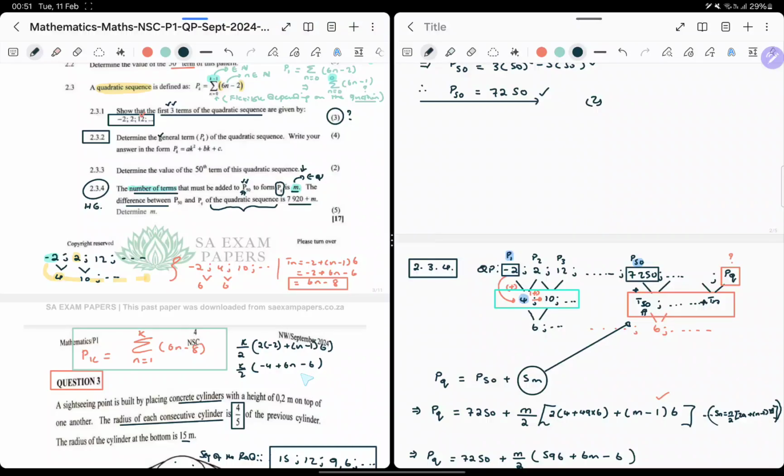Can you see? Still goes back to k over 2 into 6n minus 10. Can you see the general formula would still, this time we're going to put k where n is, because we're saying k terms. So can you see it goes back to 3k squared minus 5k.